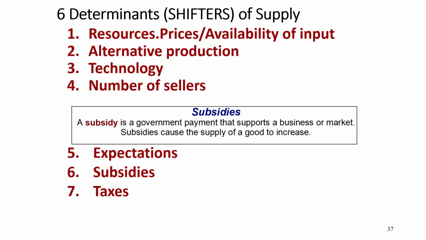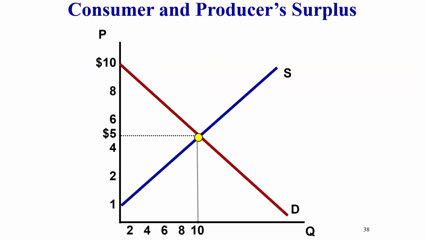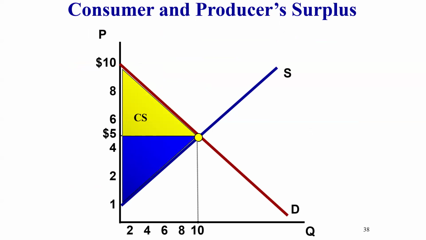And again, if there's 11 questions on these, and we'll do some practice today, you just have to know the shifter. But again, I think if you could just think consumers are demand and producers are supply, you could be okay. All right, consumer producer surplus: above the price, below demand, consumer surplus; below the price, above supply, producer surplus. And that works on all the graphs we do for the whole year.